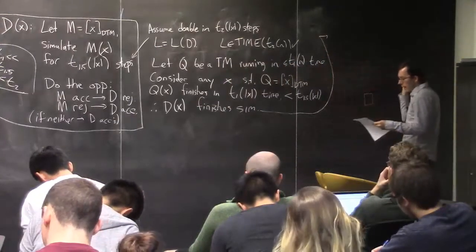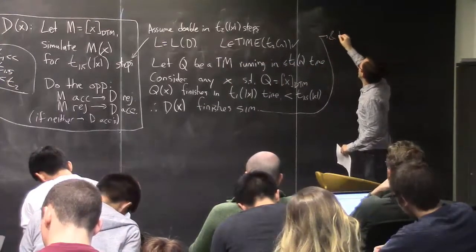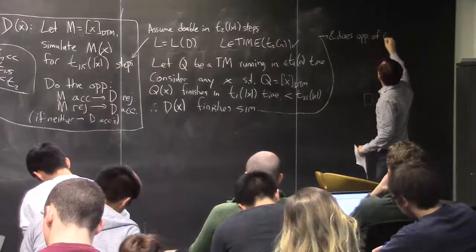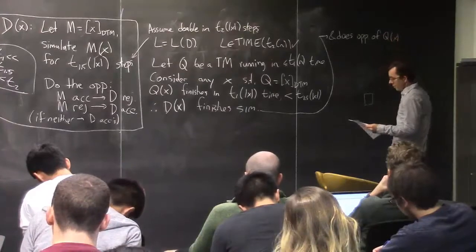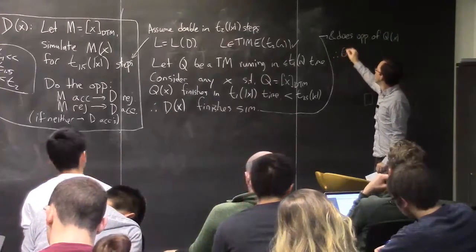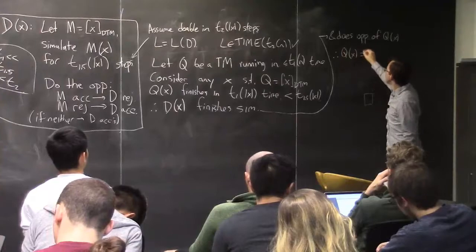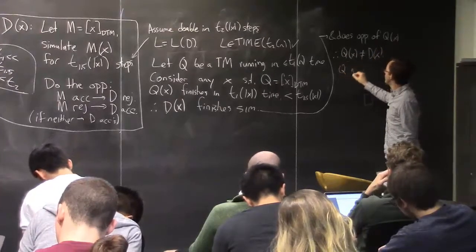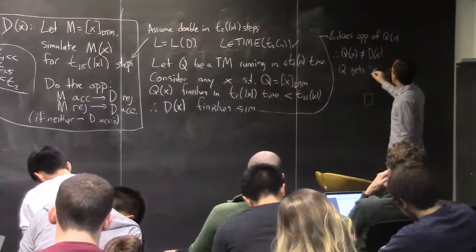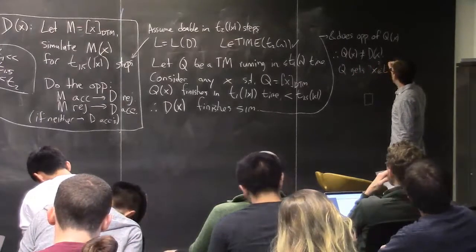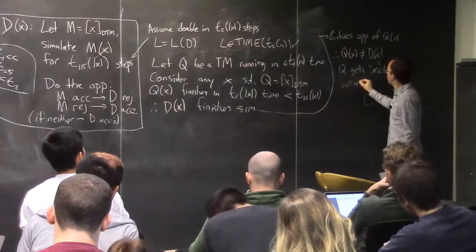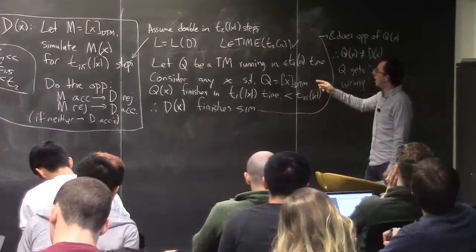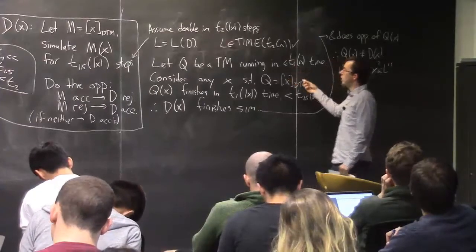And therefore, it does the opposite. OK, so therefore, Q on X is different from D on X. And so Q gets this question, X in L, wrong. OK, end of proof. So in other words, Q, which is any T1 time Turing machine, does not decide L.